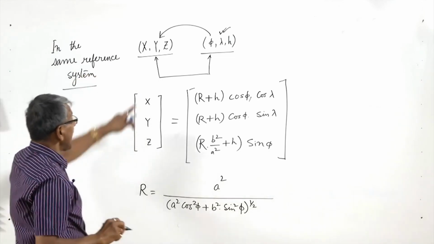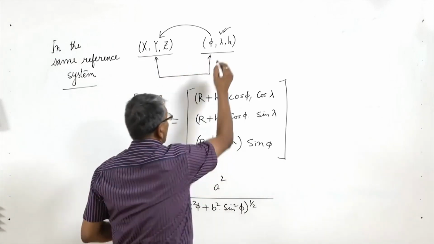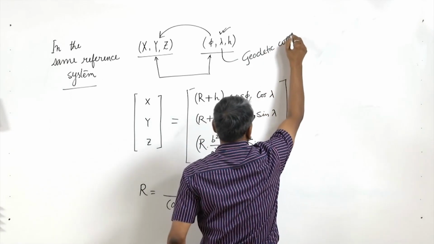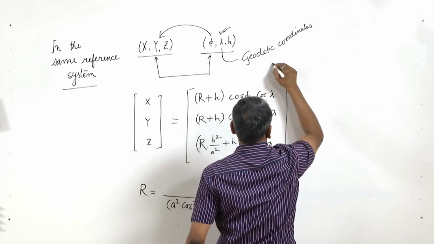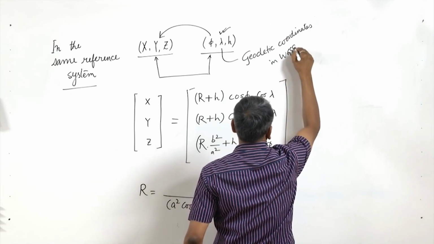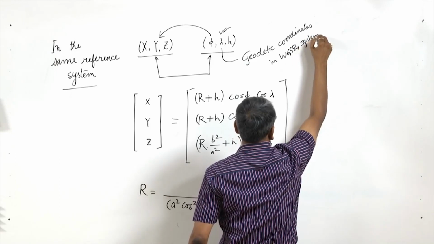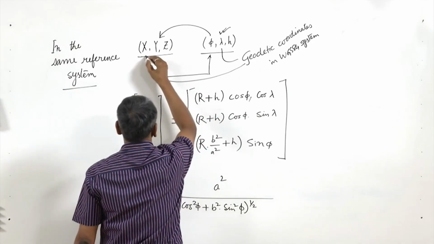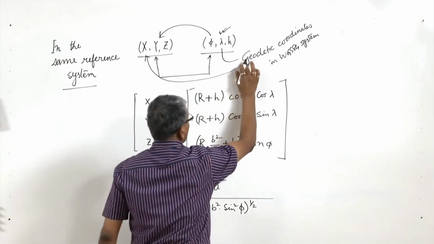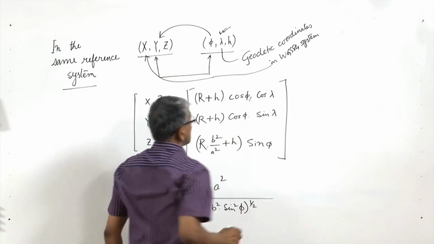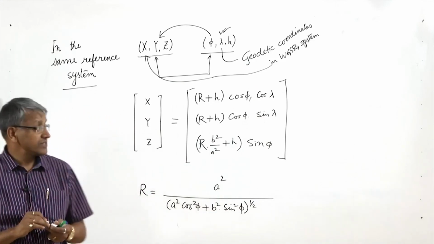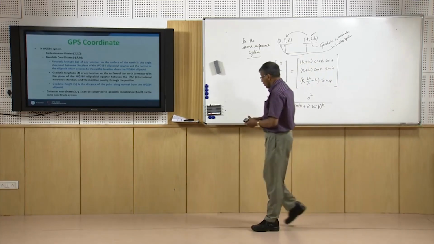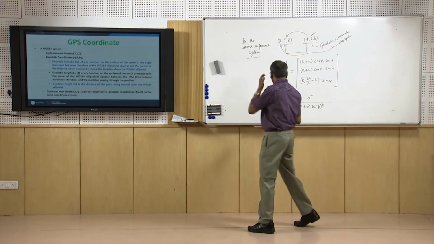That means if we have the geodetic coordinates in the WGS 84 system, then we will obtain the Cartesian coordinates also in the WGS 84 coordinate system. In this way we get the GPS coordinates.